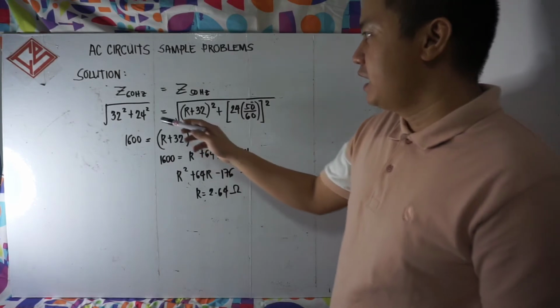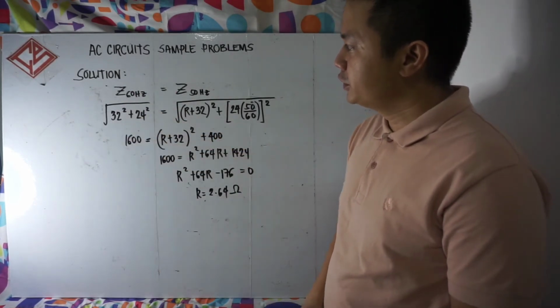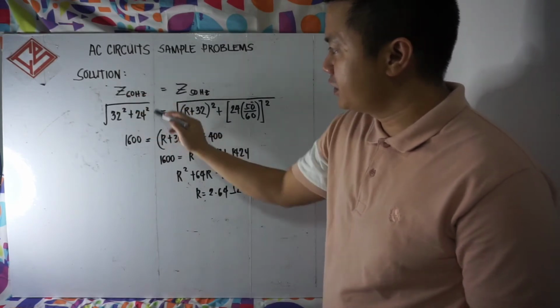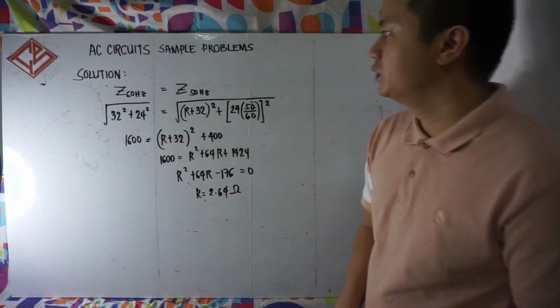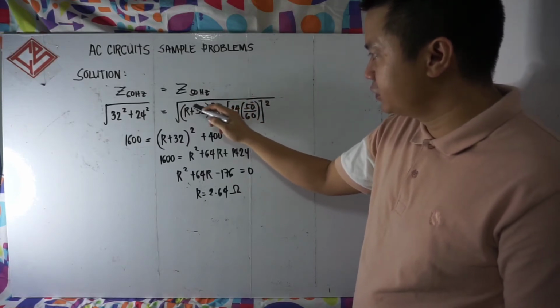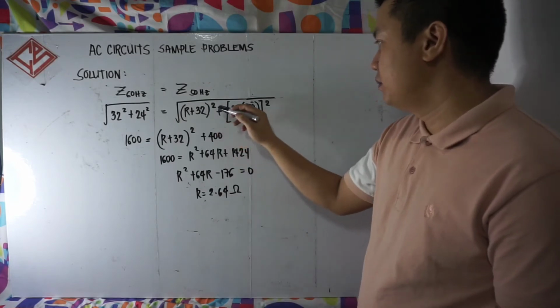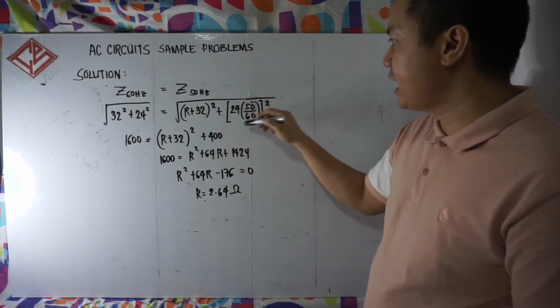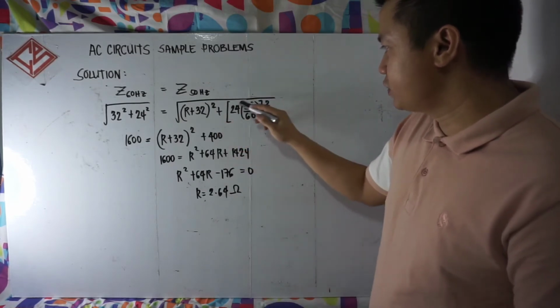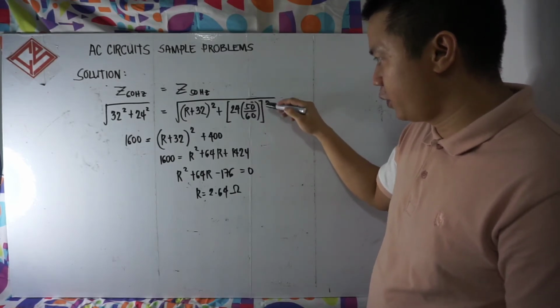At 60 Hz, you have the square root of 32 squared plus 24 squared. This is your impedance. At 50 Hz, the impedance is R in series with the 32 ohm resistor, plus the new reactance, which is 24 multiplied by 50 over 60, all squared.